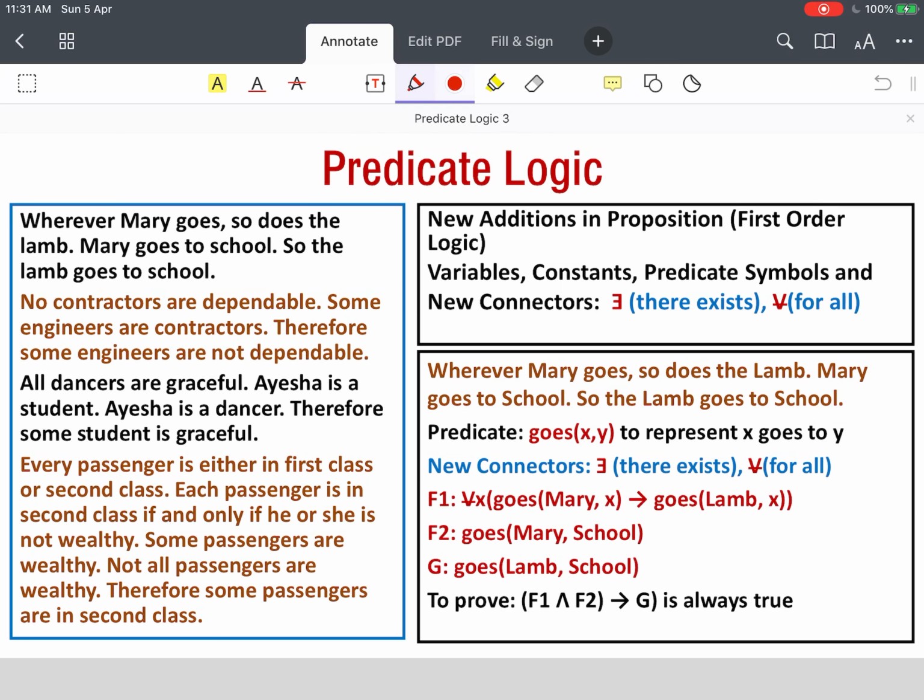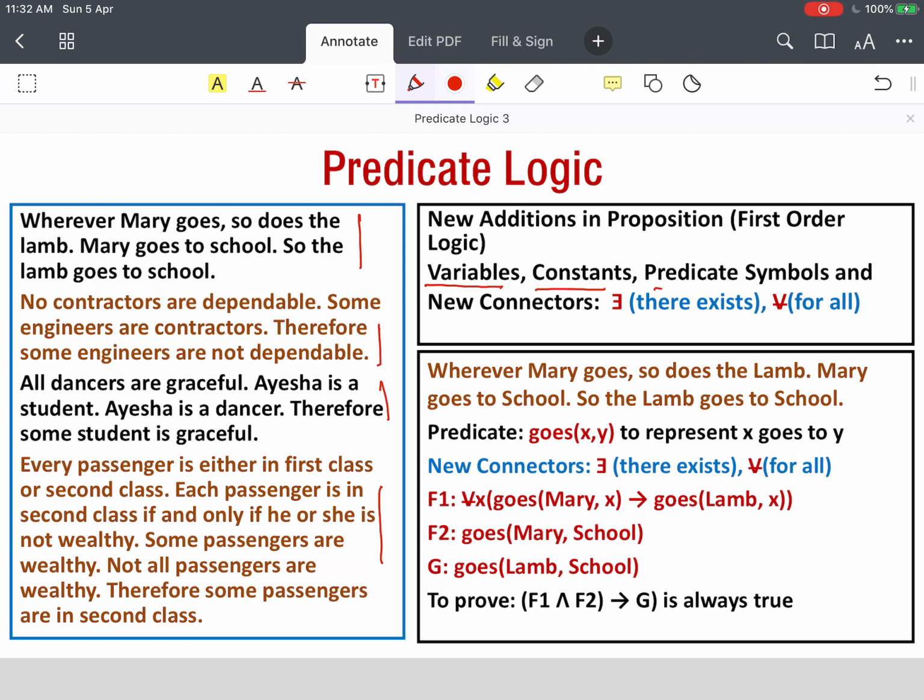To recapitulate, we discussed predicate logic, and in predicate logic we talked about things like for all, there exists, wherever, whenever, someone, no one, and things like that. And we did these 4 examples in first order predicate logic.